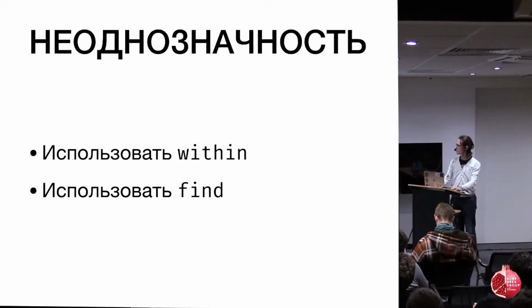The second way can be used if we can't find a form field. Pieces doesn't use the name attribute with form fields, and what if we can't find a form unambiguously? Then we use a unique selector, which we submit to the find method, and work with an element obtained. Here it's worth mentioning that by default, within has a priority.